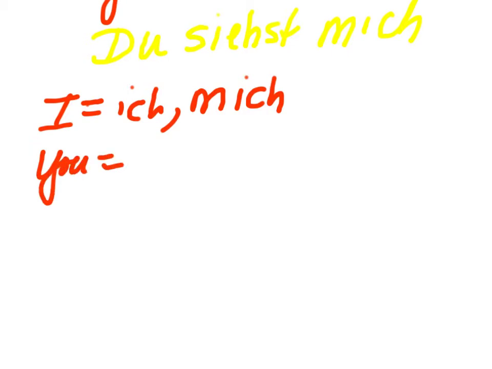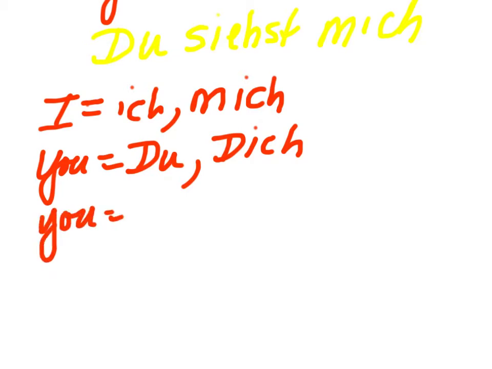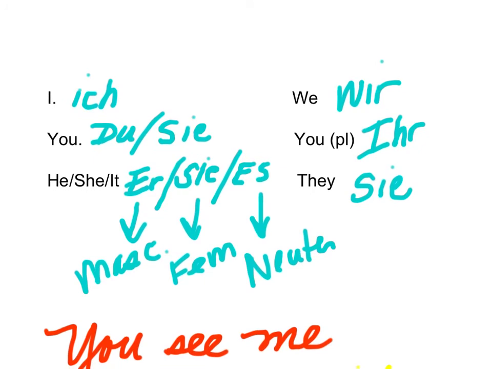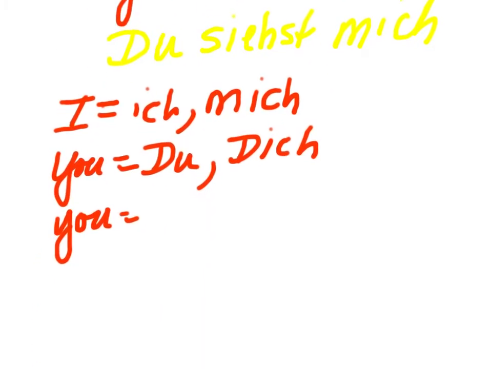And this is obvious. This is informal. Du becomes dich. All right, and you formal, which is, I can't remember if I did that. Yeah, Sie, which you see here. All right, Sie is you formal, and let me change this.